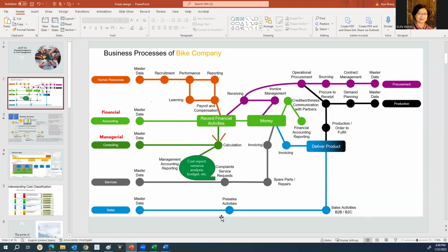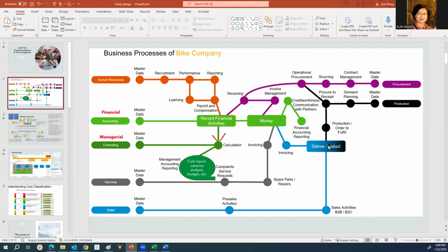And for the sales function, which is the blue color, you can see there is a connection between the blue and the black, meaning the combination of sales and production.